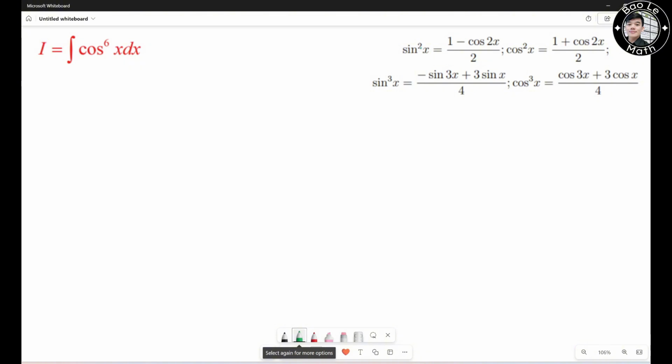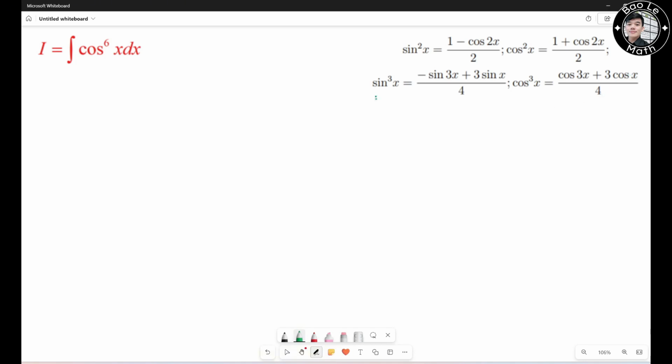Sine squared of s is 1 minus cosine 2s over 2. Cosine squared of s is 1 plus cosine 2s over 2. Sine cubed s is negative sine 3s plus 3 sine s over 4. And cosine cubed s is cosine 3s plus 3 cosine s over 4.